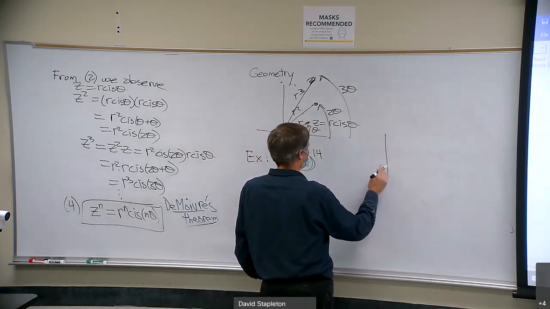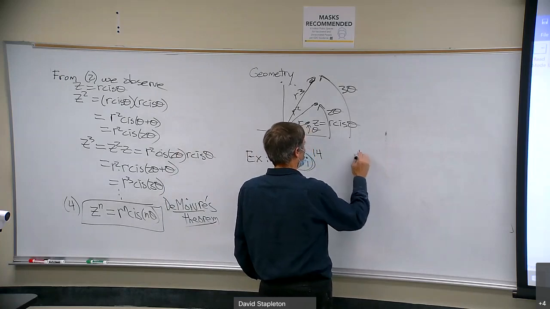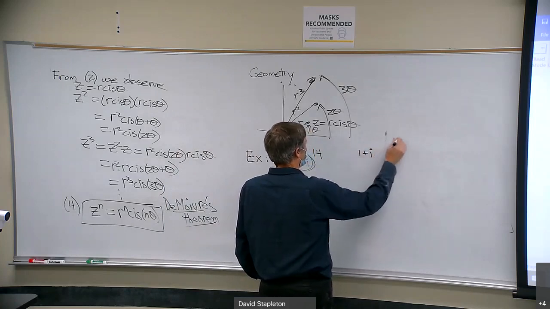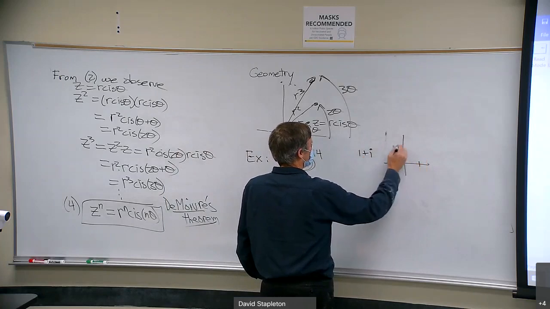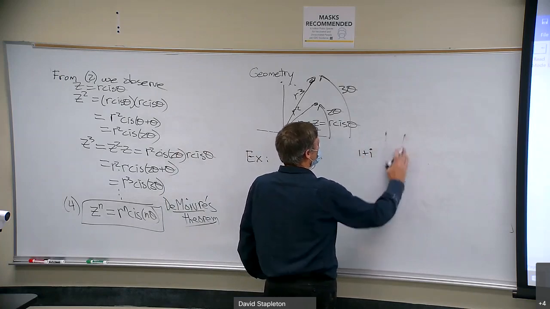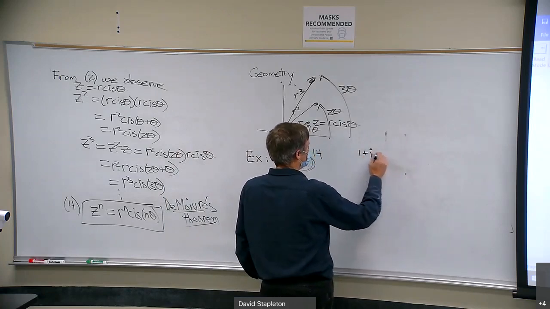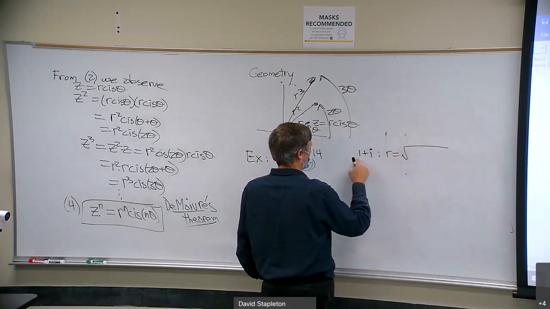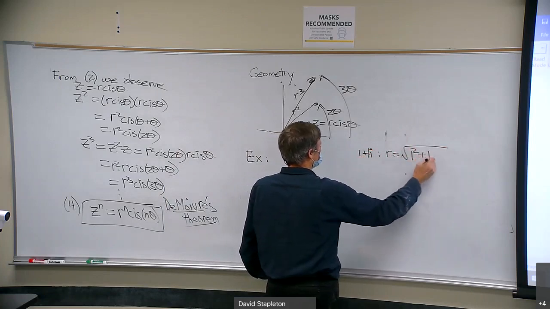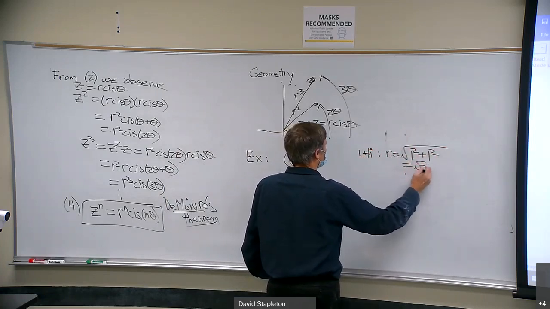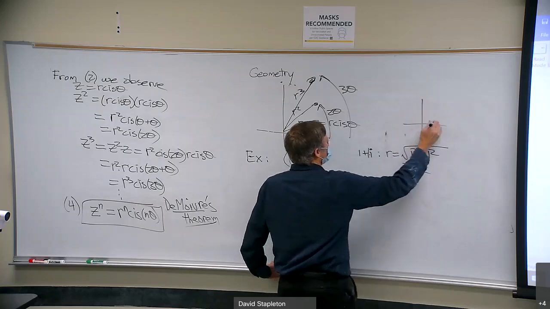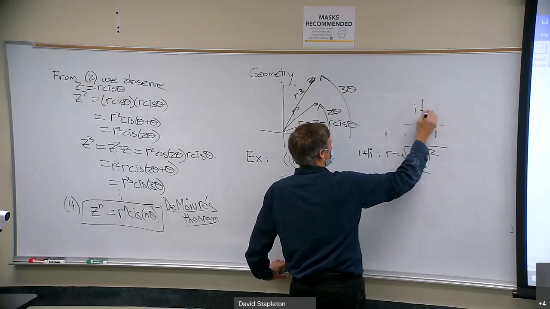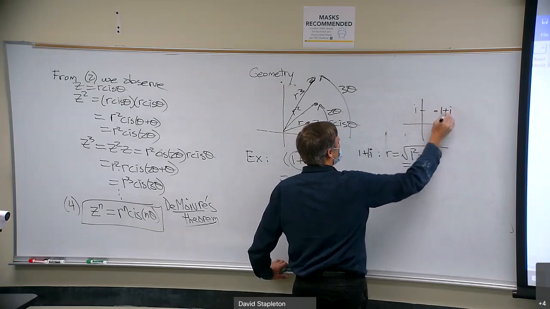I have 1 plus i. Then I compute r, which is the square root of x squared plus y squared. Think of it as 1 plus 1 times i. So it's the square root of 1 squared plus 1 squared, which is square root 2. At this point I do need to draw it. Here's 1 and i, and here's 1 plus i.